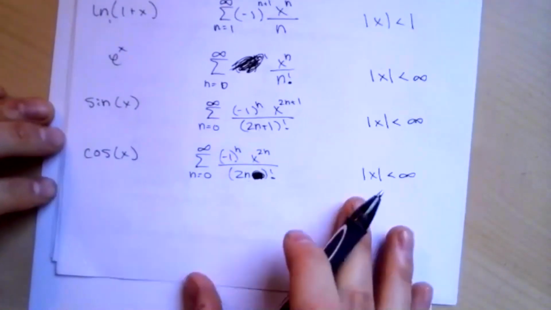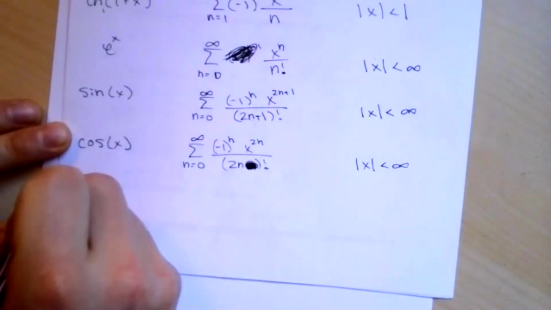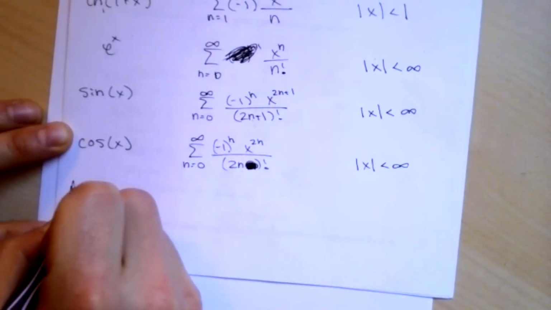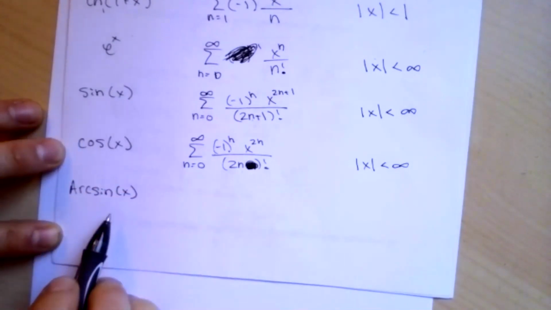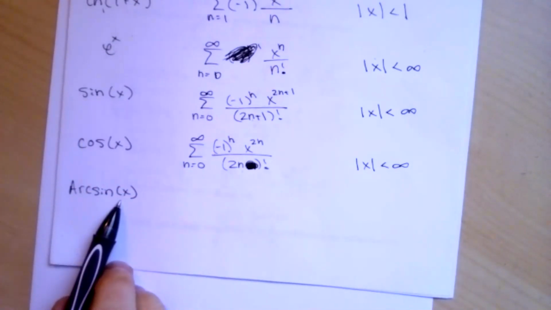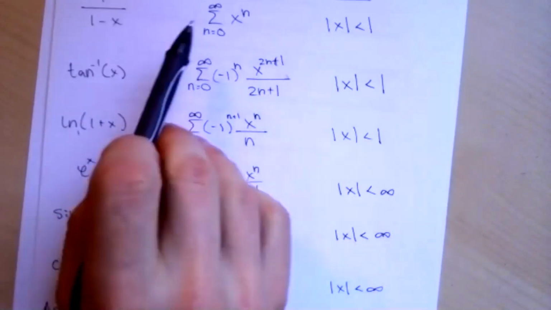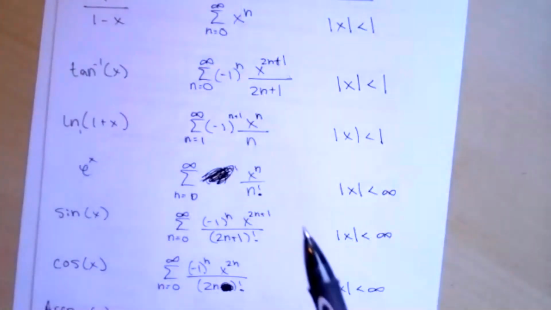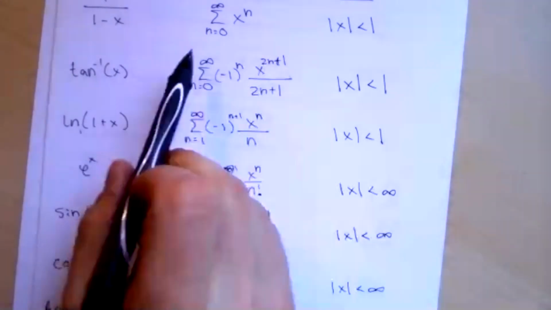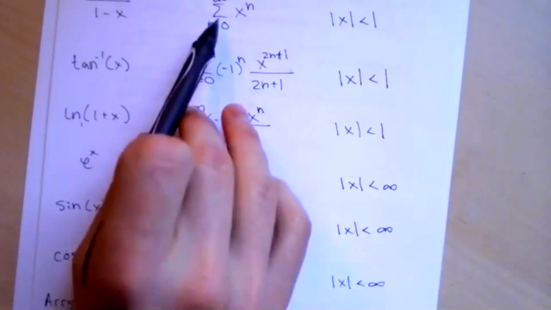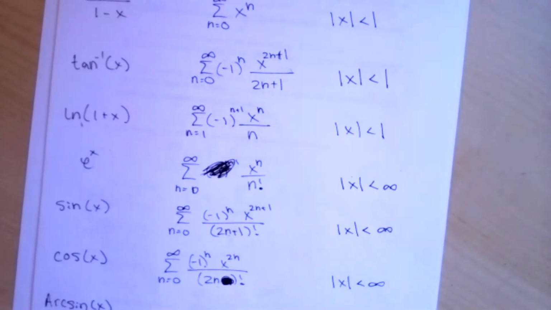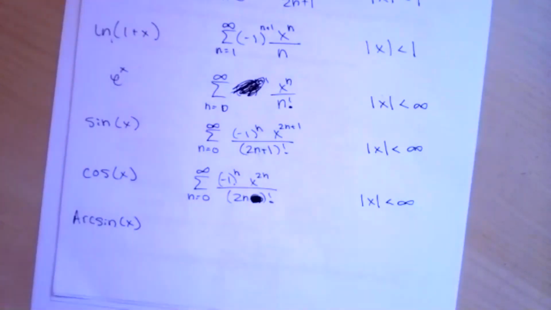Other ones you might want to try to take a stab at: arcsine. Arcsine just starts to get hairy because the derivatives start to involve chain rules. So this is why the techniques we were looking at previously, using these algebraic techniques and the integral techniques to arrive at new series and new functions, are pretty useful, because they can save you some time from having to go through that full Taylor series process.